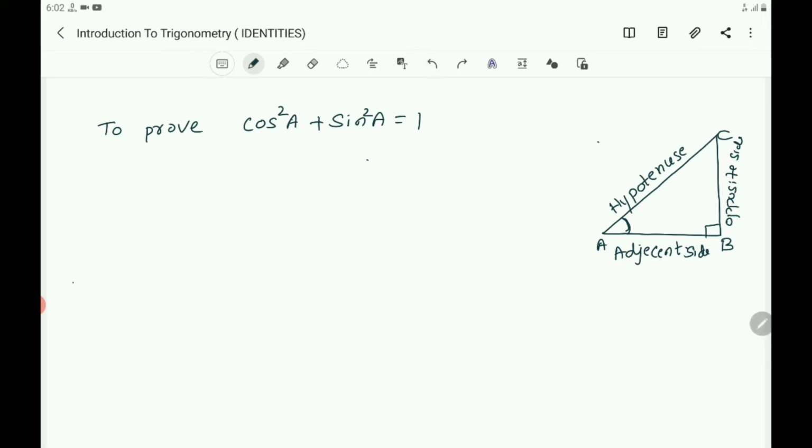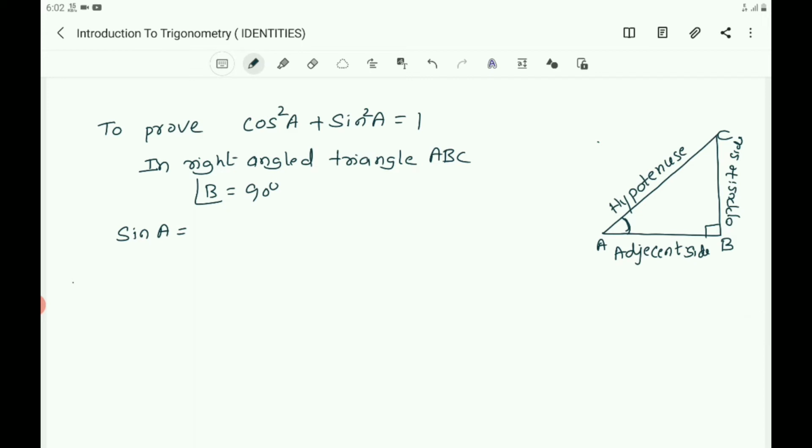Now you write here, in right angle triangle ABC, angle B equals 90 degree. Then sin A equals, you know that sin of the angle A is side opposite to angle A by hypotenuse.